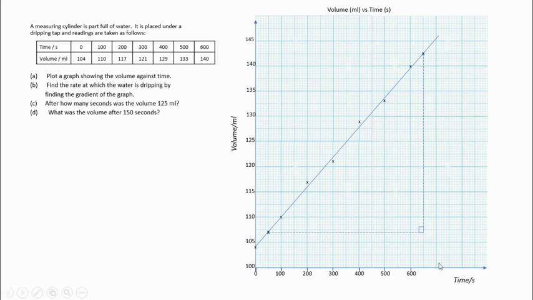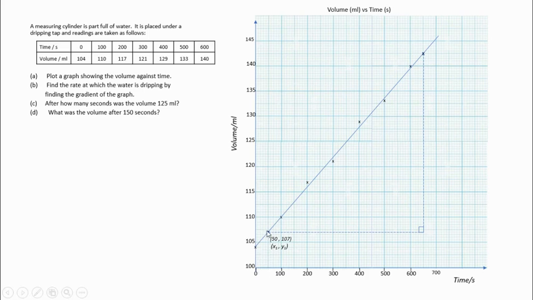Okay, we need to add to our scale here so that we can read off the coordinates of the points. So we're going up to 700 and up to 145. We're writing down the coordinates of the points that we're going to use to find the gradient. This is point number 1. X coordinate is 50.